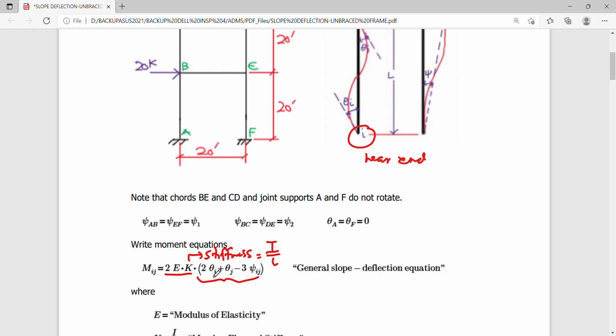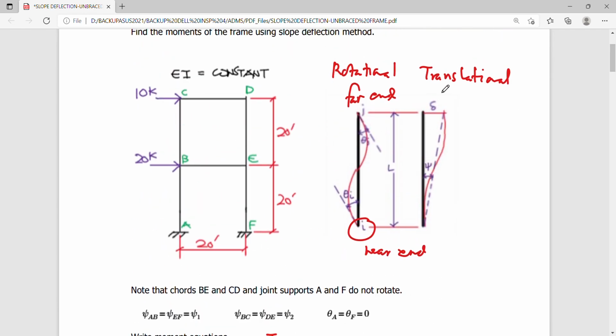So this is simply 2 theta I plus theta J minus the contribution of the translational effect, which is simply the delta effect.